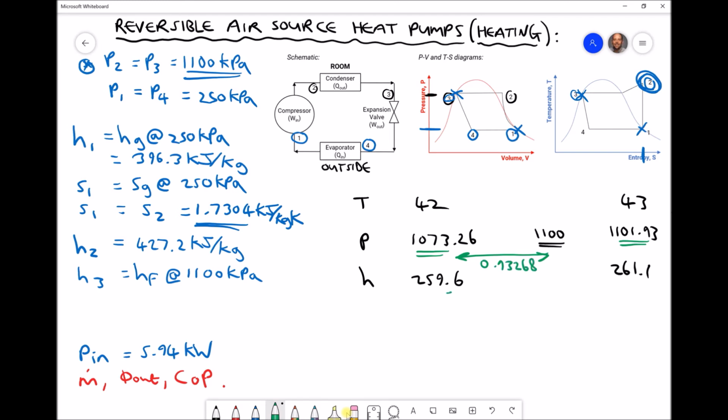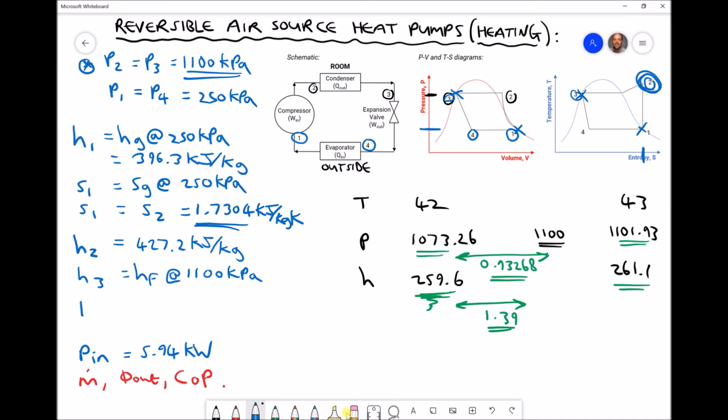The difference between our lower enthalpy value and our upper enthalpy value here is 261.1 minus 259.6, which is 1.5, multiplied by our 0.9268, gives us an enthalpy of 1.39, and adding our 1.39 onto our 259.6 gives us an enthalpy corresponding with 1100 kilopascals equal to 261.0.